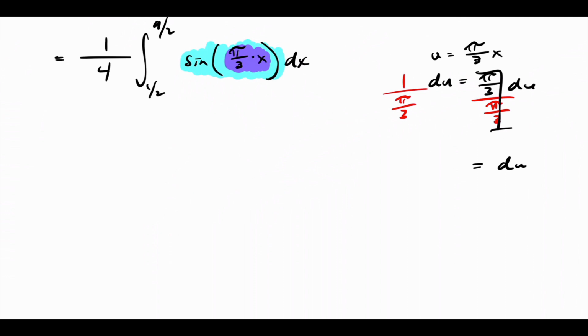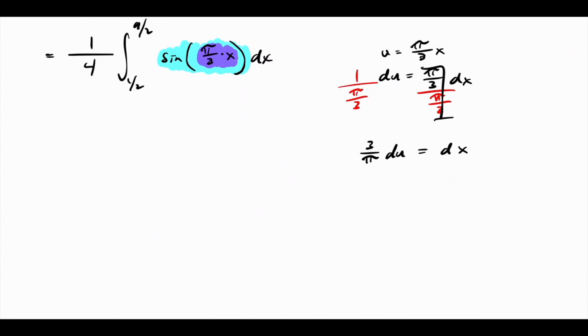So you get dx equals, I have a fraction under a fraction. Well, instead of dividing by pi over 3, what's the rule? Multiply by the reciprocal. Flip it. 3 over pi. Okay.